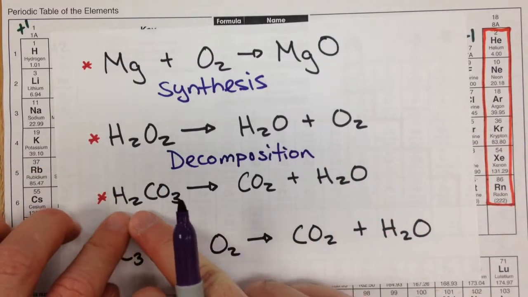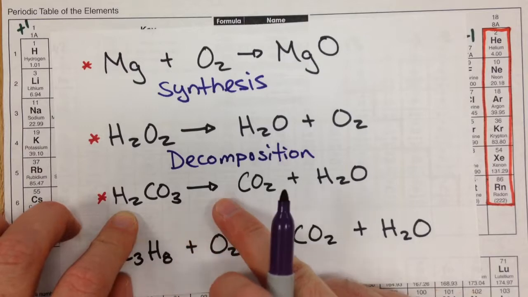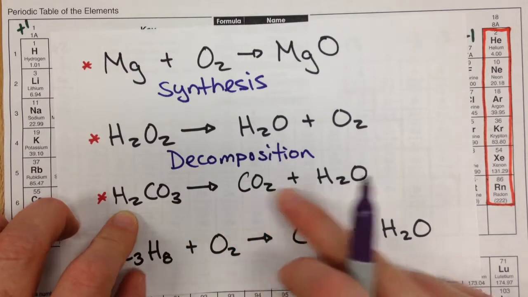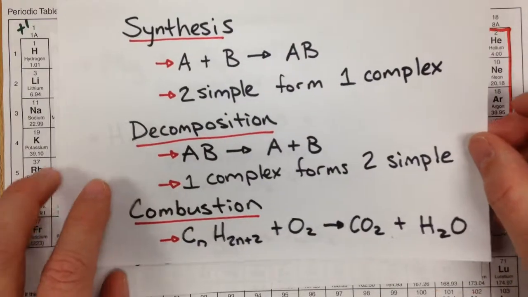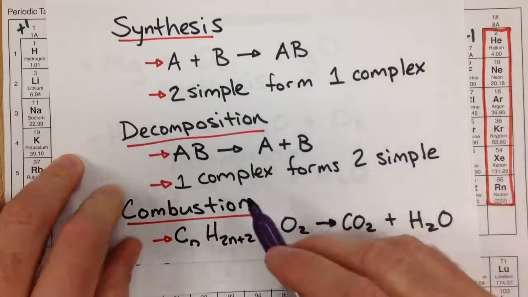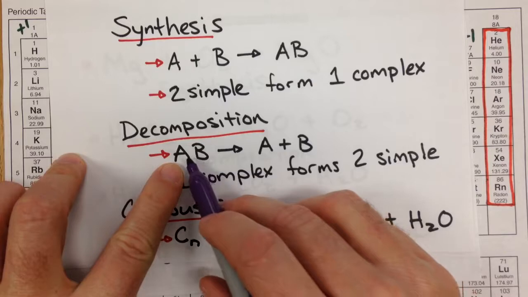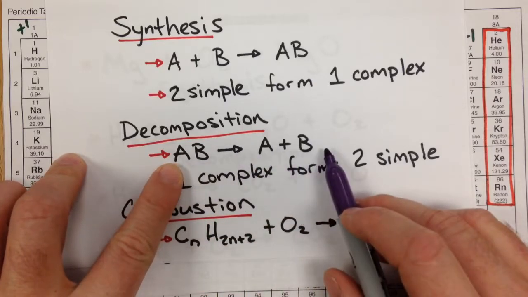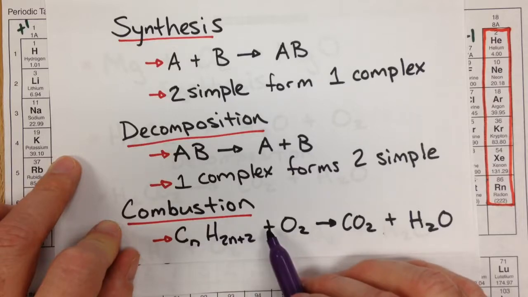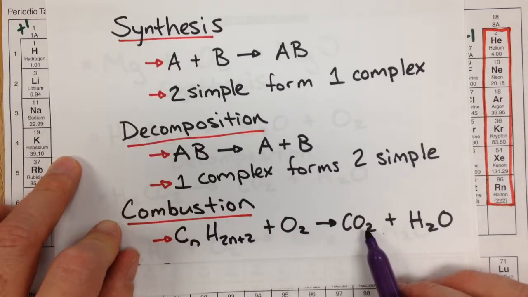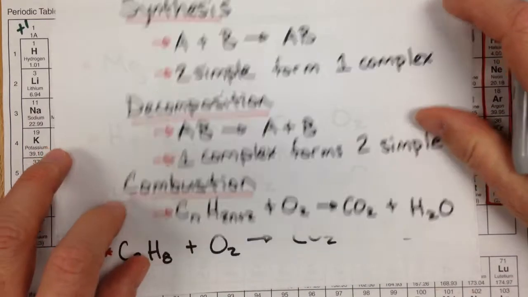Next up, we have H2CO3 forming carbon dioxide, CO2, and water, H2O. Now, when we look at our cheat sheet, we can see decomposition reactions. One thing breaks down into 2 simpler things. In combustion reactions, we have something with carbon combining with oxygen to form CO2, carbon dioxide, and water.